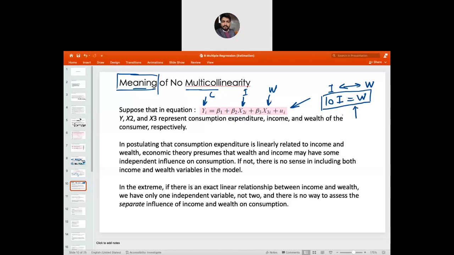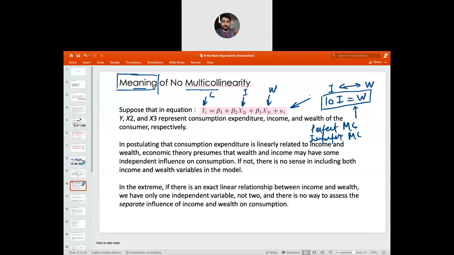The relationship may not be perfect, but some relationship is there, right? So of course there is a difference between perfect multicollinearity and imperfect multicollinearity, which we will discuss. But here, when I'm saying that 10I equals W, it means perfect multicollinearity, right? And this practical real life example lets you understand that it is quite possible that income and wealth are related.